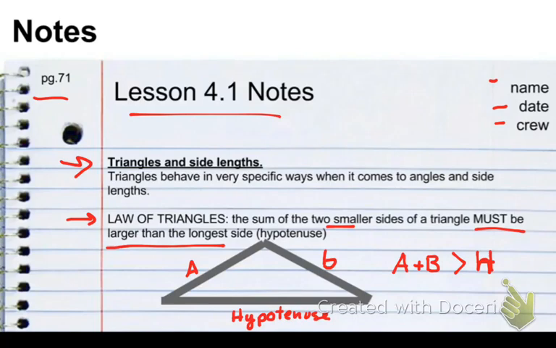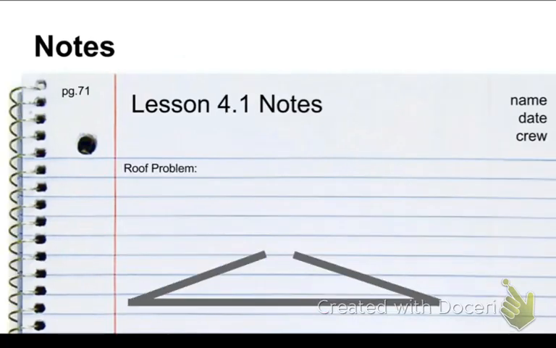And this is the example why it won't work. I'm trying to build a roof, and this roof is 10 feet wide. I want to have a nice steep roof, right? And I want my two sides to meet in the middle. So I naturally, because I want them to meet in the middle, cut one side 5 feet and one side 5 feet.